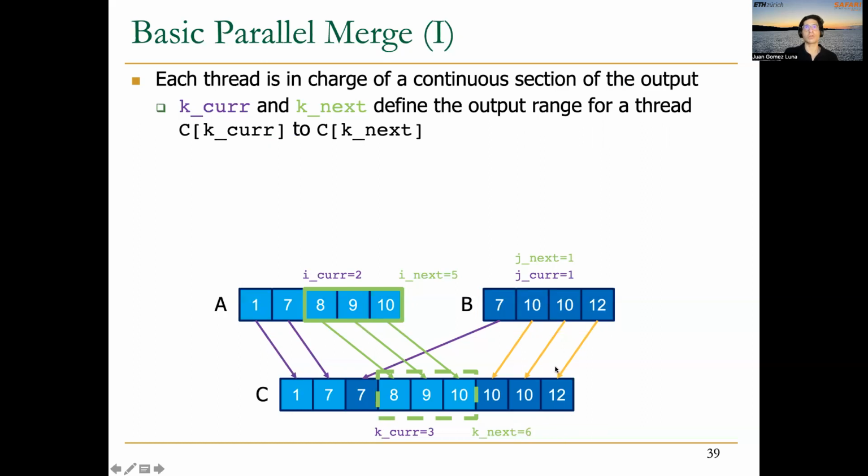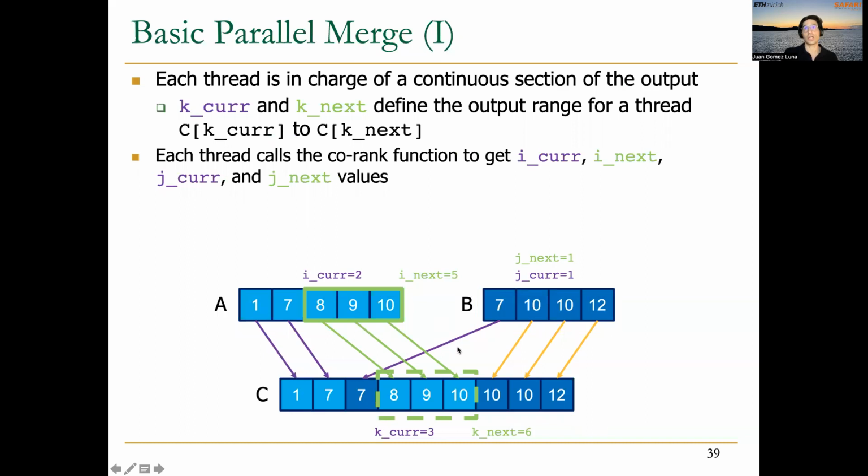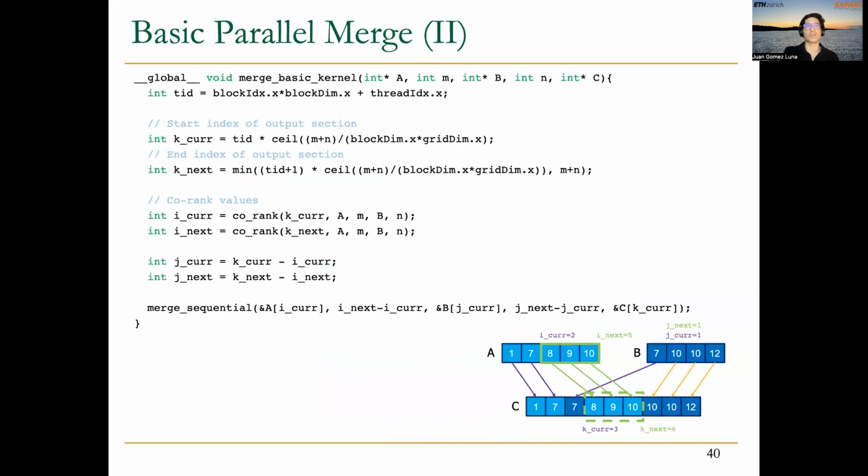The first thing that we will do for this thread is calculating the core rank values for this k core and this k next, and those are going to be called I core, I next, J core, and J next, and they define the ranges, the parts of arrays A and B that are going to be accessed by each thread, in this case, thread 1.